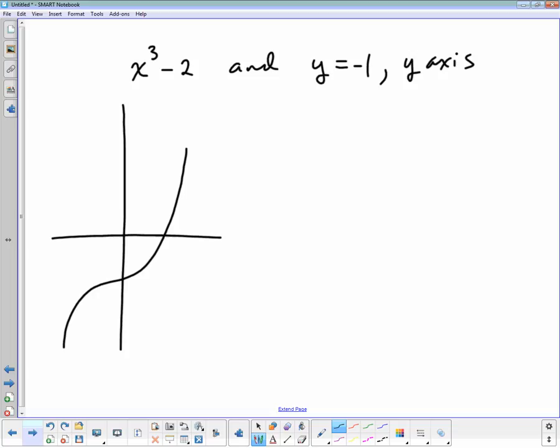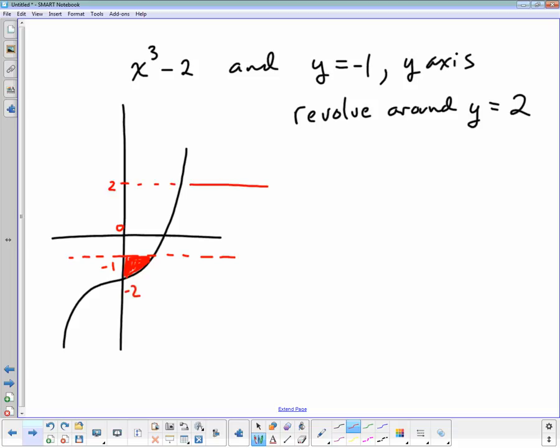And we're going to revolve around y equals 2. So we're talking about this region right here. So here's -2, there's -1, 0, and 2.